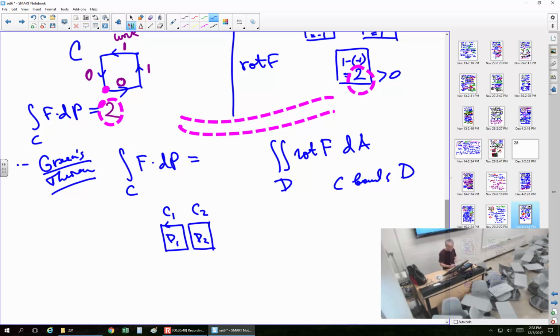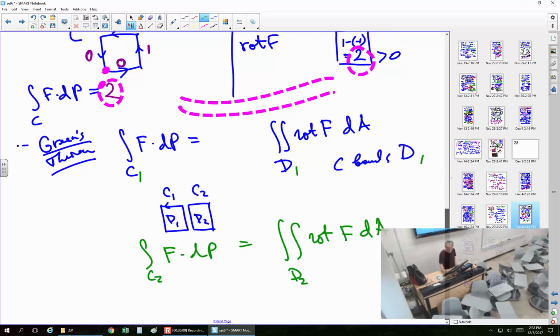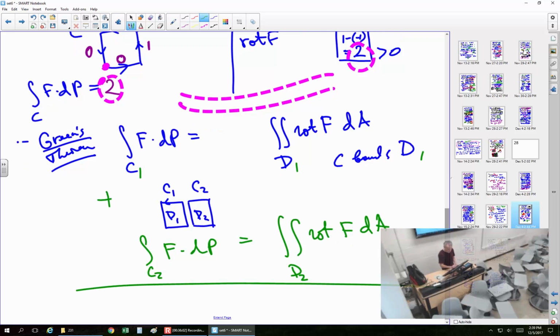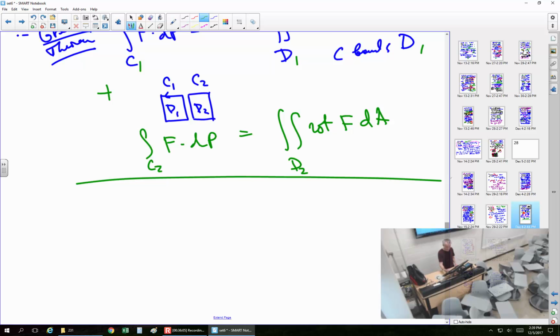Okay, so what if we add them together? C1 F dP is equal to double integral D1 rotor F dA. And then I have the second one, C2 F dP is equal to double integral D2 rotor F dA. So I have these two together. What do I get?